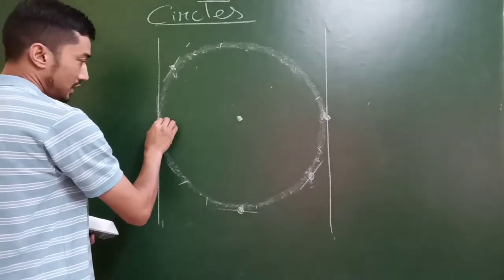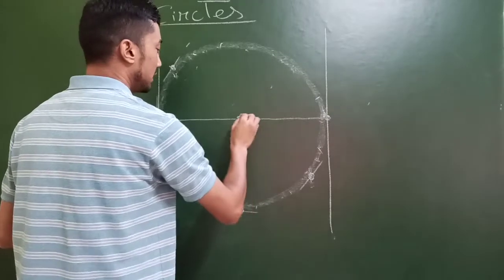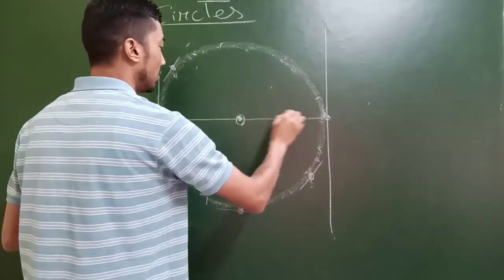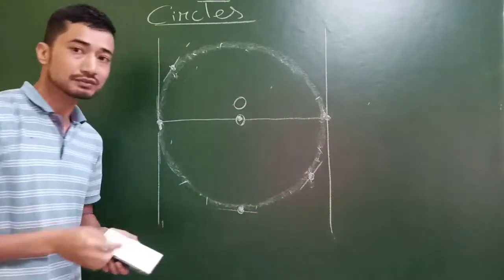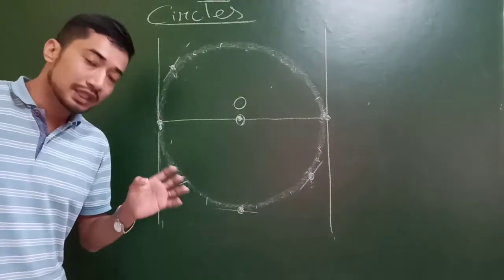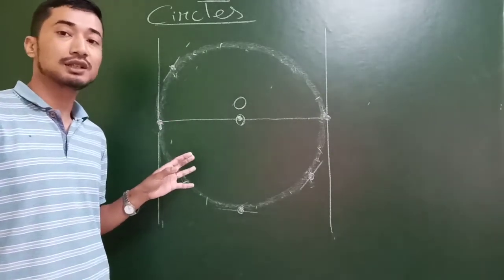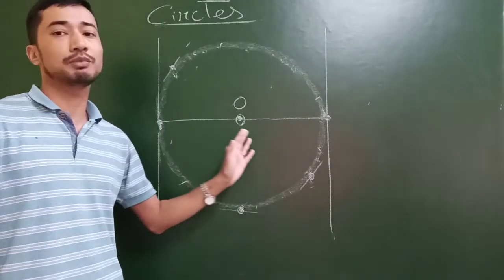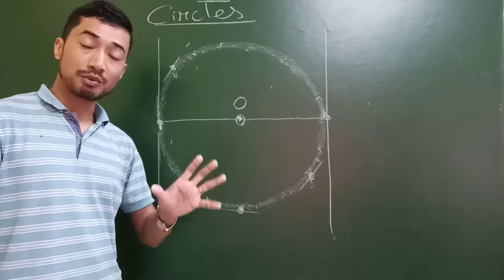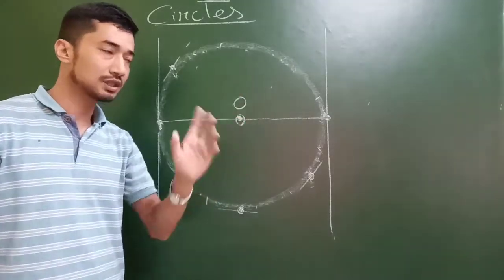What you will see is, if you join them, that line will also pass through the center. Maybe your circle may not be perfect, maybe your tangents may not be exactly parallel, so it may not exactly pass through the center, but with proper diagrams, maybe after this video you can draw proper circles and proper tangents.